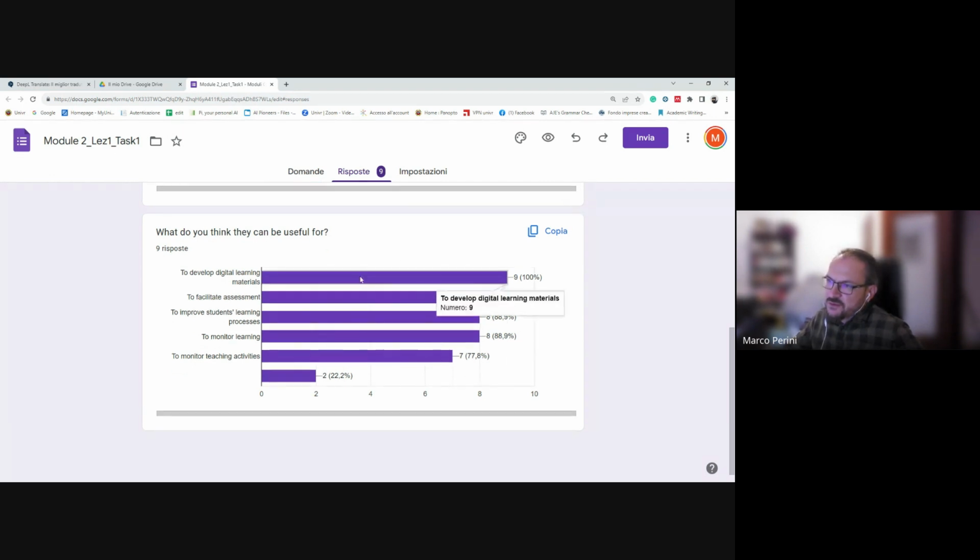They think that the most part of the proposed areas are useful, except for the monitor teaching activities, that is a little bit less redundant.